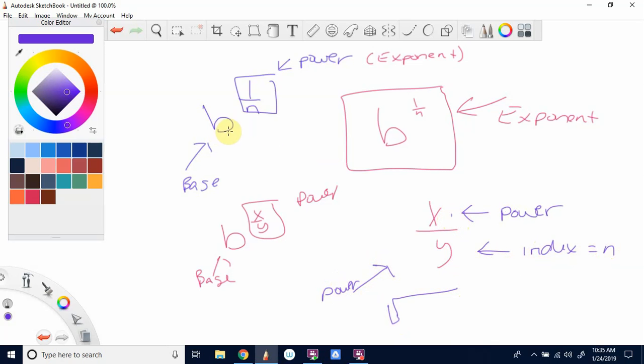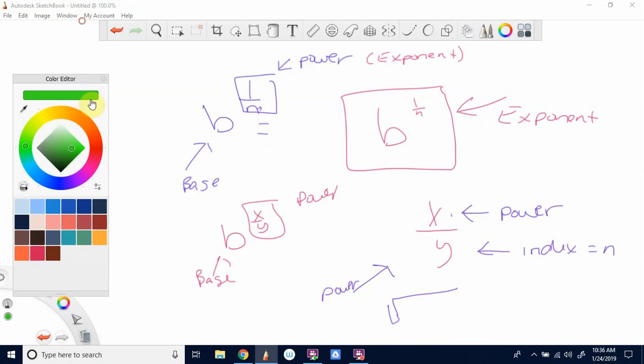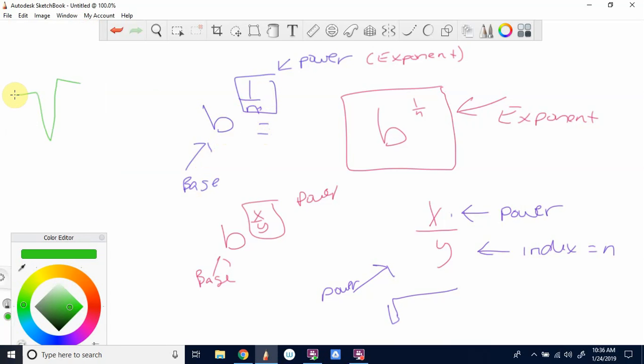All right, so now this also means that b cannot be negative if you have n as an even power, because, and we'll look at it and see what it means. So basically they're saying you can rewrite this, because you have a fraction, I'm going to write it in green and move this down. I'm going to have a radical sign. My base is b.